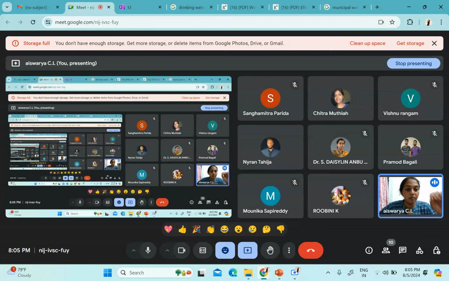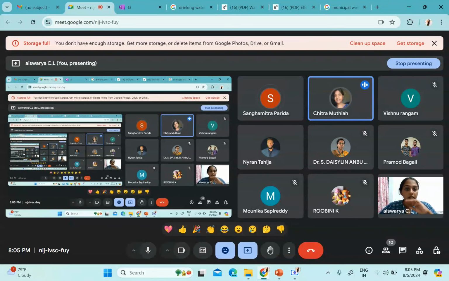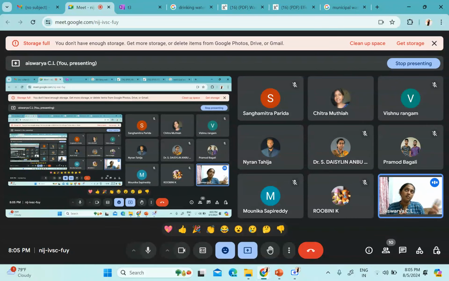Now I think it's more complicated. Yeah. I told you the difference between municipal, industry and agricultural. Okay, don't intermix these three terms.